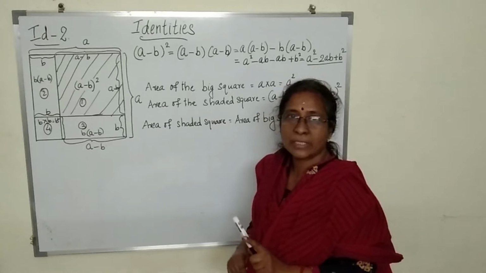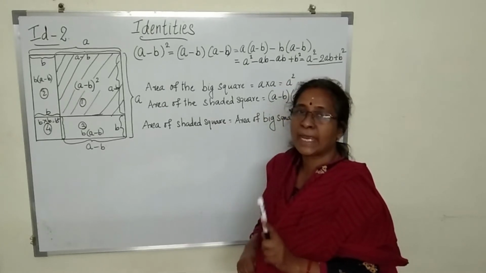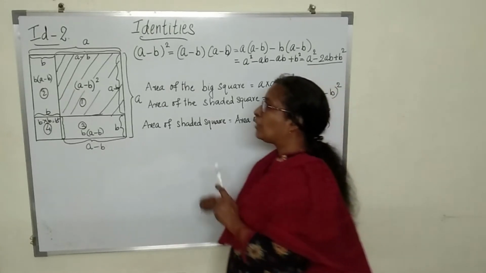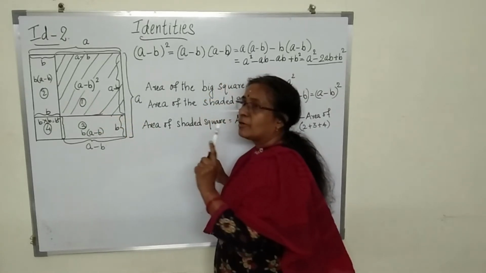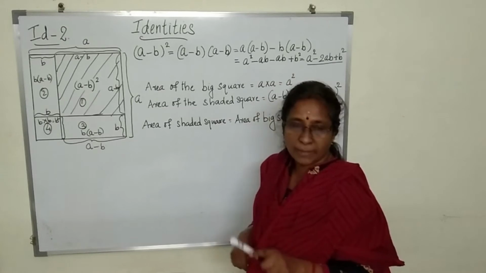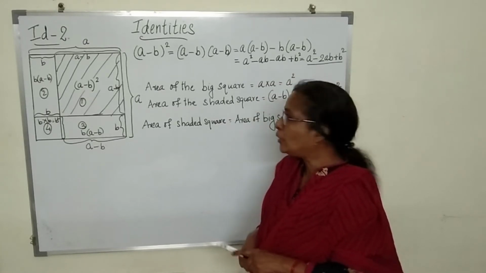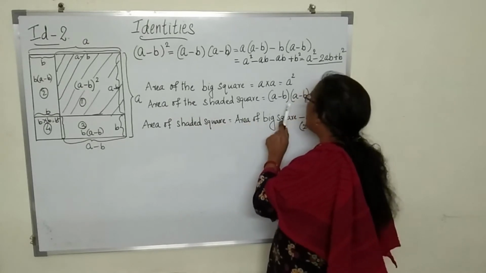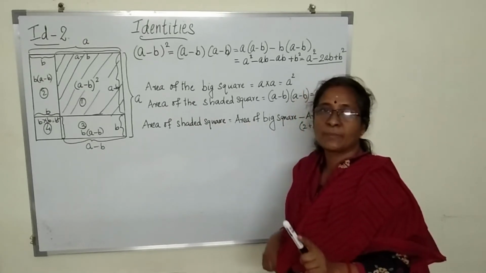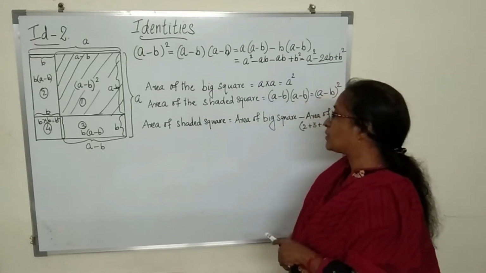Now, if we find the area of the shaded square, which has a side of A minus B, it will be equal to A minus B multiplied by A minus B.